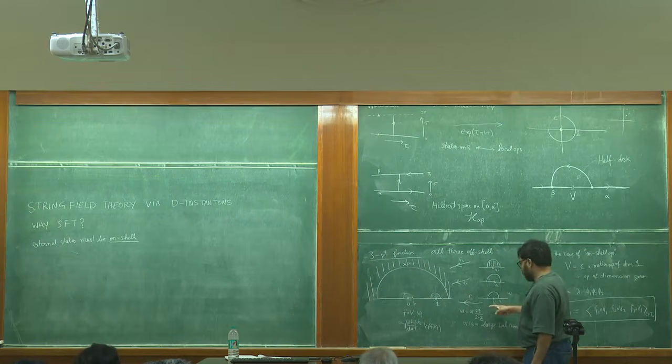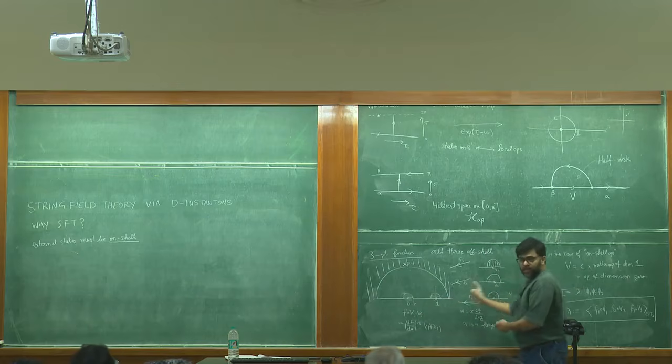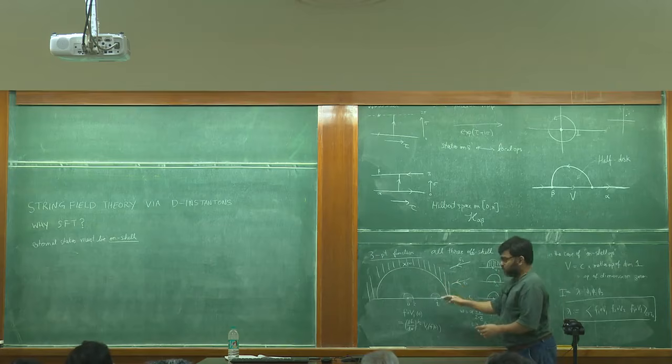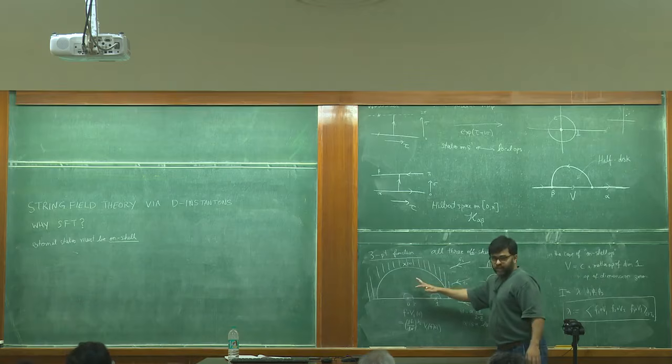And this W to Z map is the transition function. This map is the transition function from this open set to its image in the standard R2 or whatever. Similarly, this third one. And the 4th, you can just take to be the unit map. So this is the 4th open set, and there the coordinate is just Z.